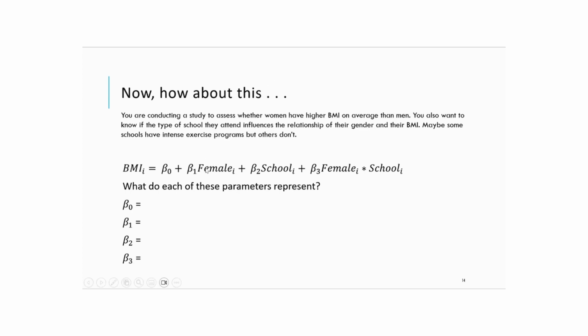So in this case, if you're coding sex female as 1 and male as 0, and schools where they do exercises as 1 and schools where they don't do exercise as 0, your B naught would be the BMI for a person on average who is not female, that is, who is male, and who goes to a school where they do not do exercise.